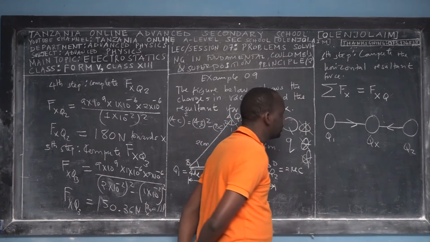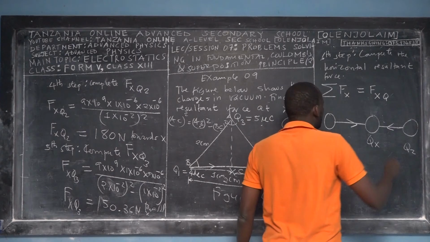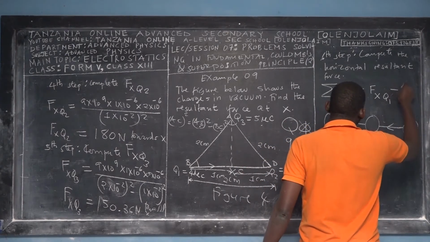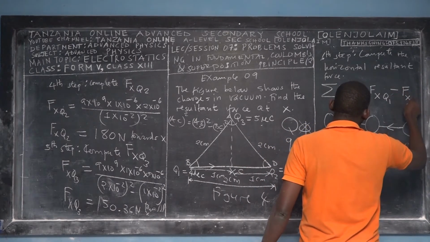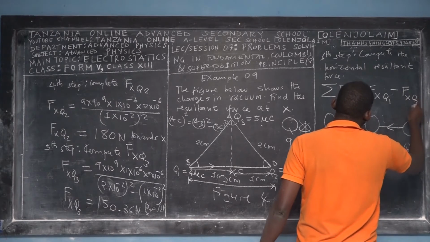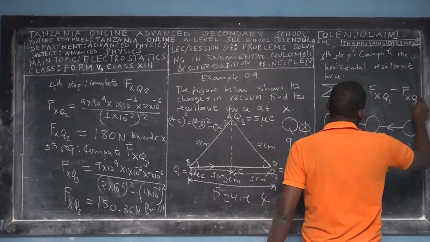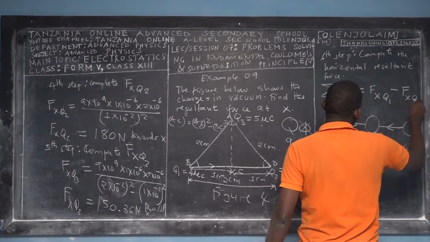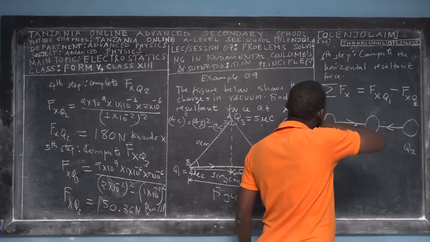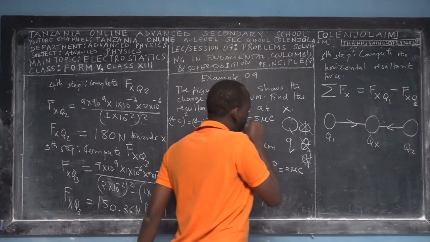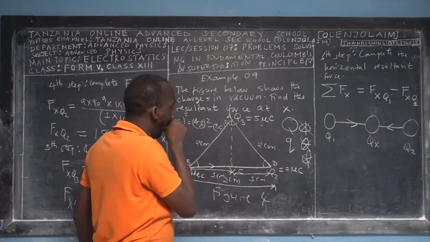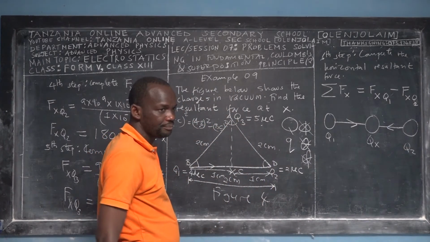Q1, 360. So it means you take your force on X due to Q1 minus force on X due to Q2.